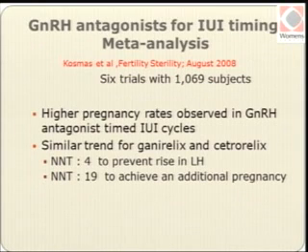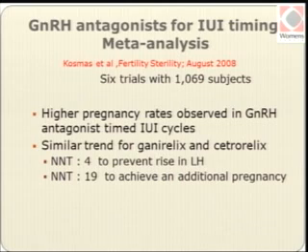There have been several studies published. One of the earlier ones was a meta-analysis involving 6 trials with 1,000 and odd subjects, and higher pregnancy rates were observed in GnRH antagonist timed IUI cycles.